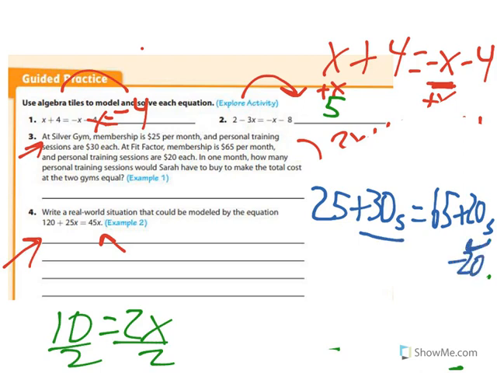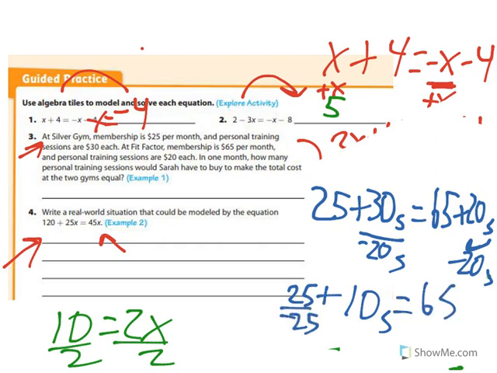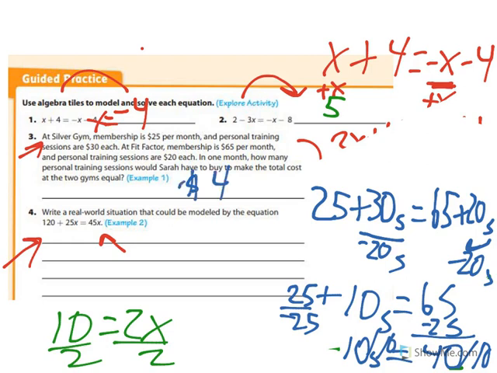So I'm going to minus 20s, minus 20s. That leaves me with 10s. 25 is on this side, 65 is on that side. I'm going to get rid of that by subtracting. That leaves me with 40. 10s equals 40. All right, divide both sides by 10. And S equals $4 a session. But 4 sessions. 4 equals S.